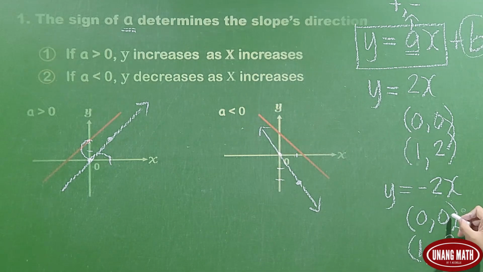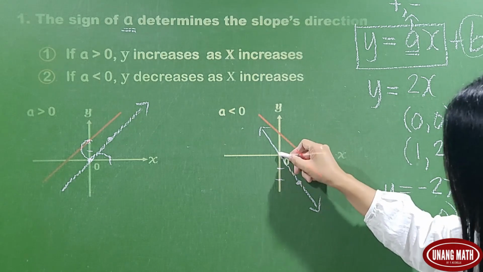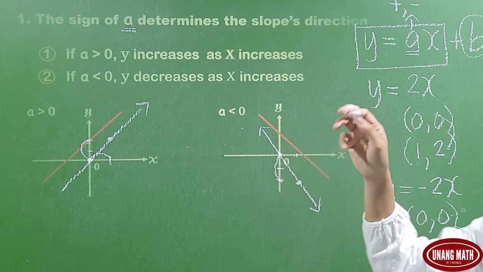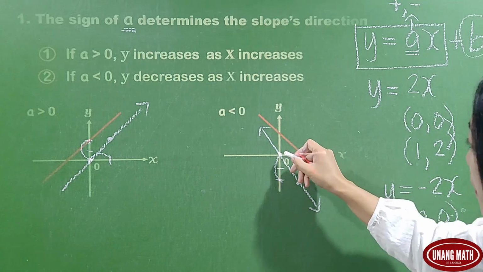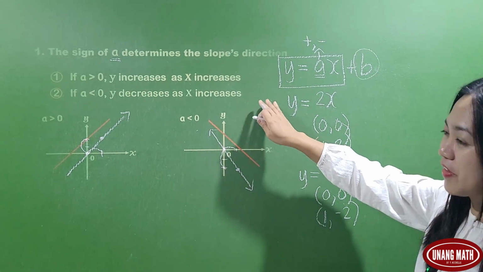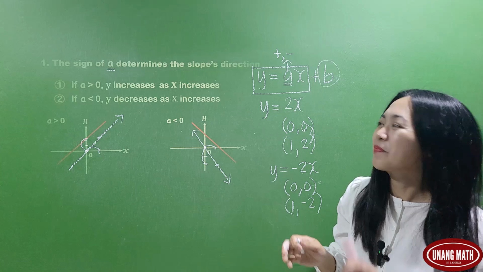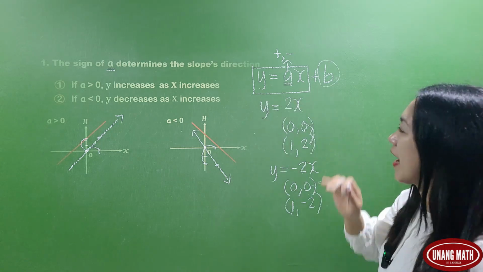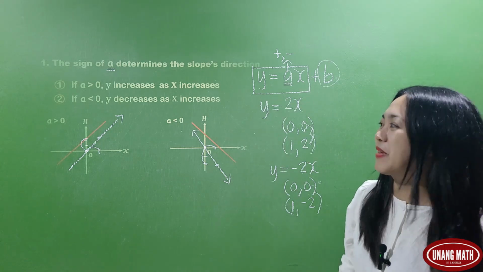Look at the value of y from 0 to negative 2, so it decreases. What about x? From 0, we have here 1, so it increases. So that's the first characteristic of the graph of this function y is equal to ax plus b.